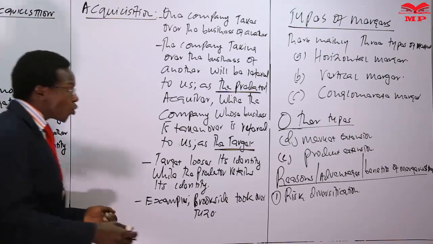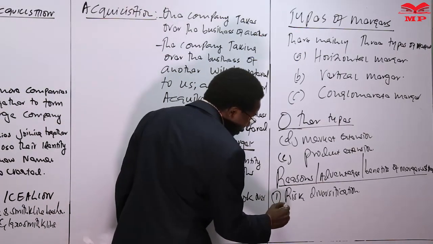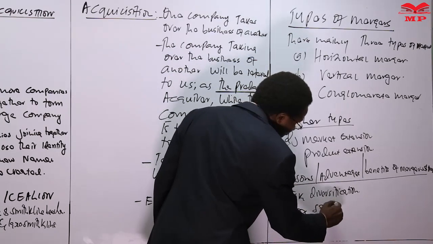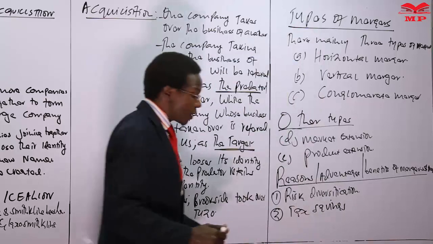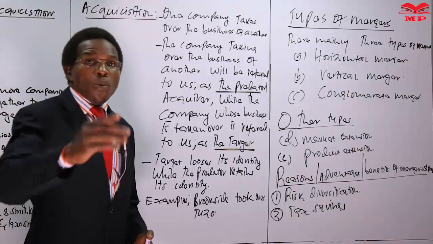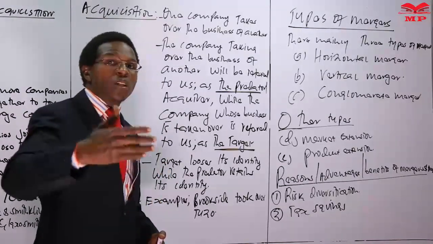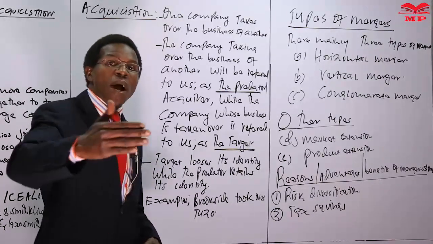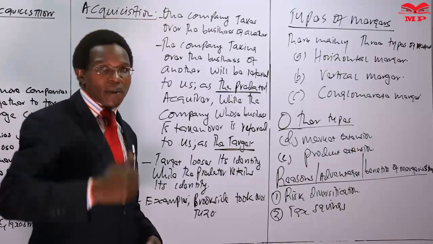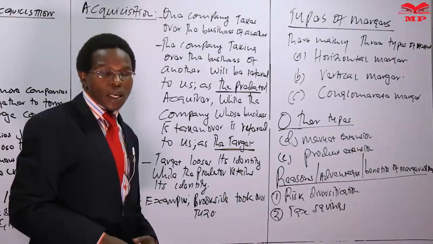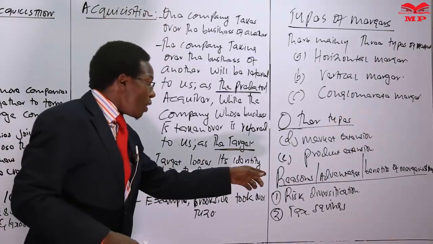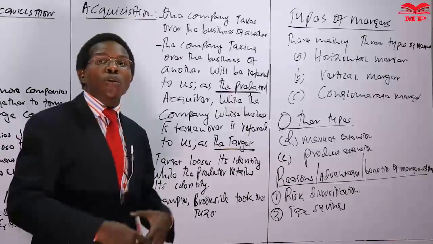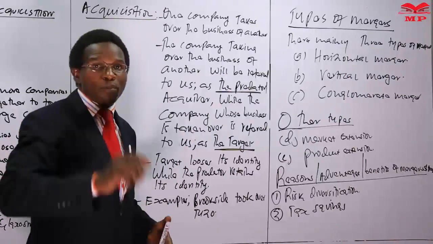Now, another advantage is tax savings. Friends, one company may merge with another company or may acquire another company that is making losses, in other words a loss-making company. If that is the case, the acquirer, or the predator, will reduce its profits.